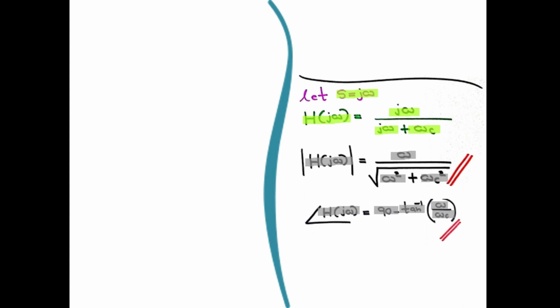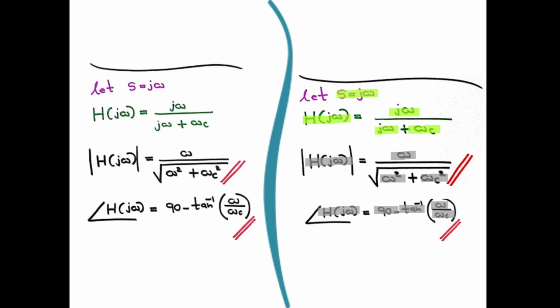Okay, right. Next, for the second circuit, we can get the frequency domain transfer function as H(j omega), which is equal to j omega divided by j omega plus omega c, just as before. Only the value of omega c is different here.